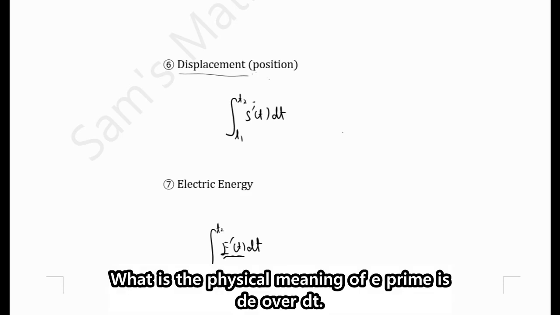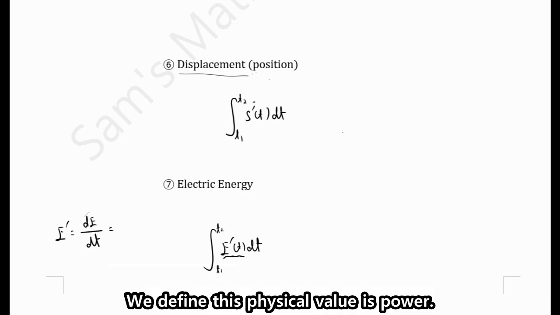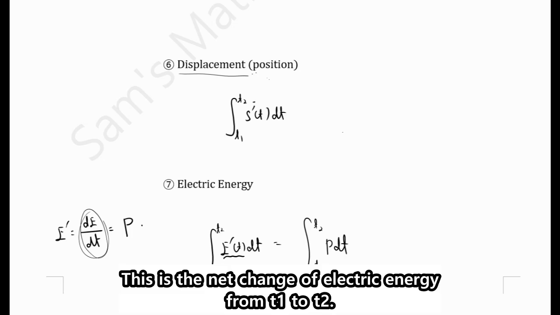What is the physical meaning of E prime? E prime is dE over dt. We define this physical value as power. So this is the integral from t1 to t2 of power dt. This is the net change of electric energy from t1 to t2.